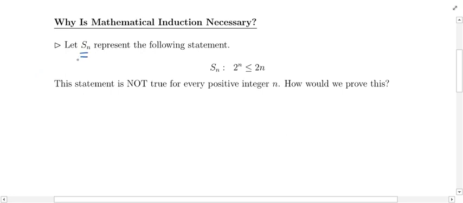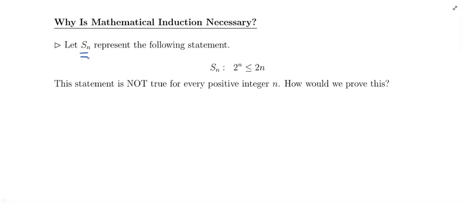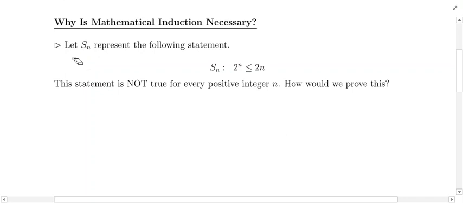When you saw Sn in sections 11.1, 11.2, and 11.3, this referred to the sum of the first n terms of a sequence. This is a different Sn when you're dealing with mathematical induction. It is representing a statement for a natural number n.